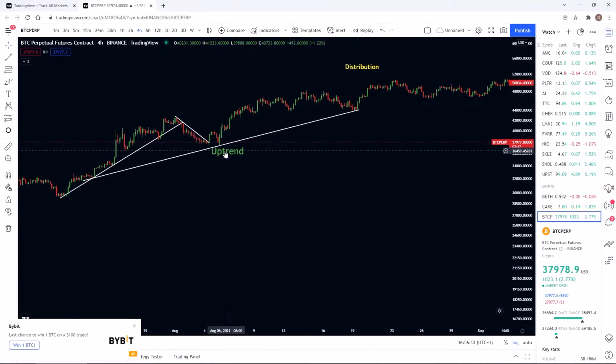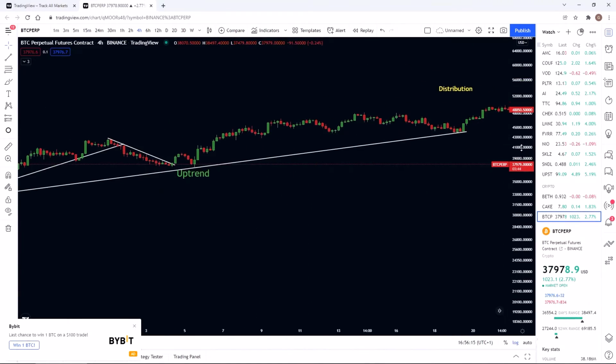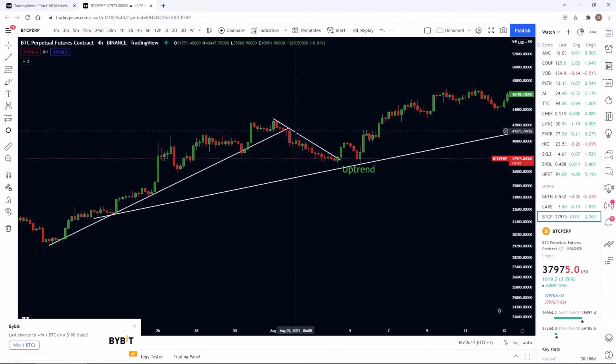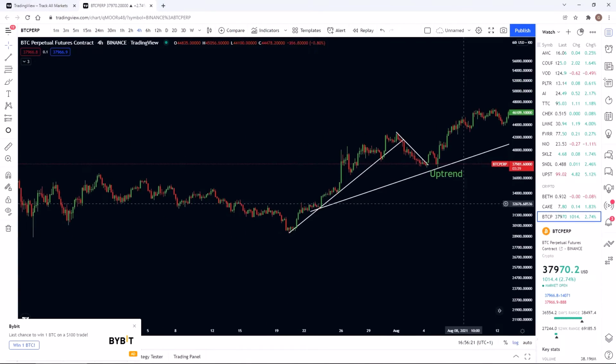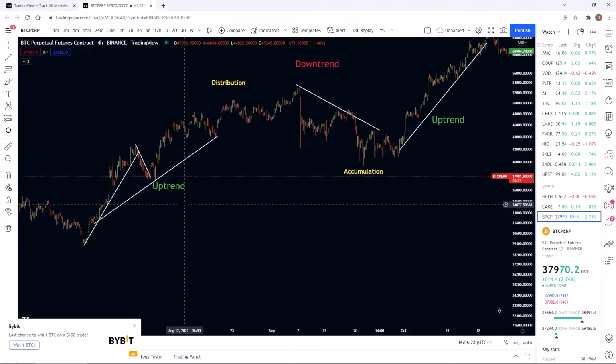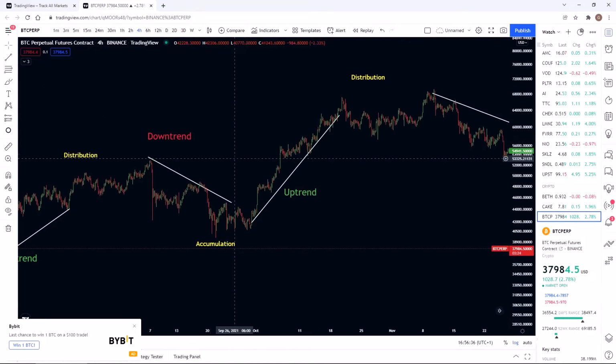But once again, don't expect it to be for very long. After an uptrend, usually you don't see a downtrend straight away. You first see the distribution phase, where people that bought during the accumulation phase take their profits, and then we start dropping. In crypto, usually we just see a very sharp drop down.